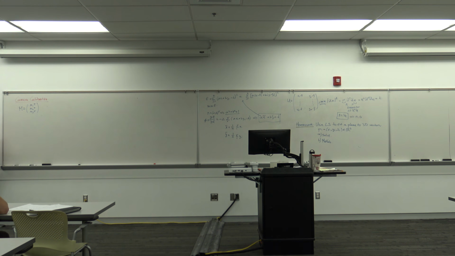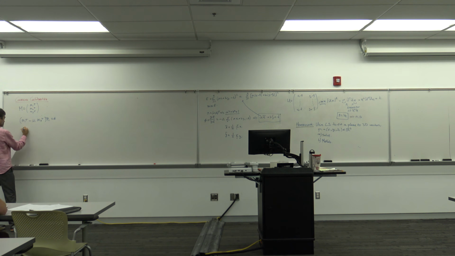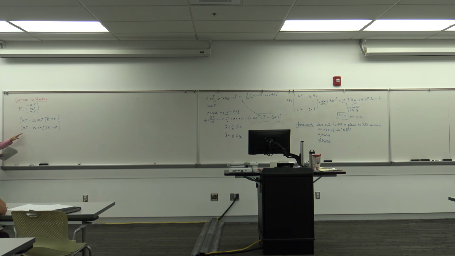And my perspective projection equations are (m1 transpose minus ui m3 transpose) pi equals 0, and (m2 transpose minus vi m3 transpose) pi equals 0.